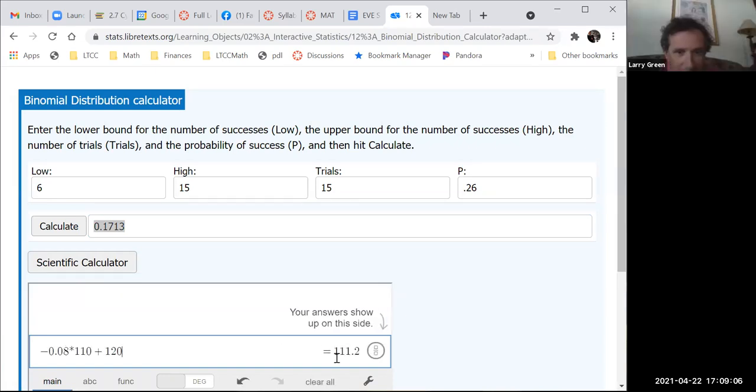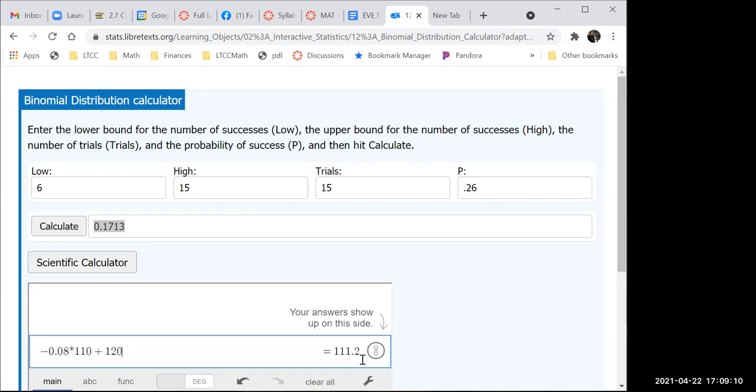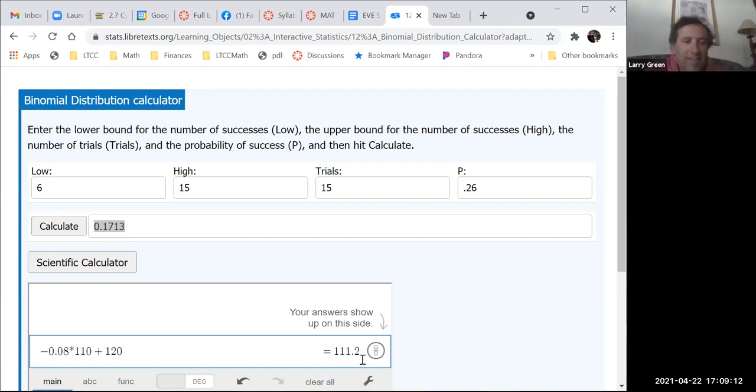You can copy and paste. There it is, 111.2. Isn't that easy? So that's how you do it. You can't use Google, but use the scientific calculator. I didn't make this one actually. Desmos made this scientific one. You don't have to know about the details of the computer.